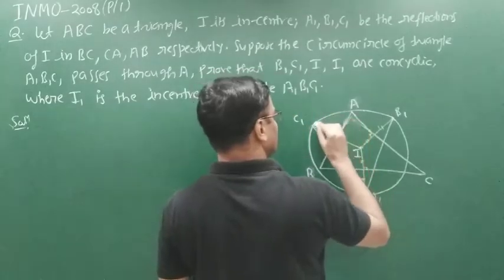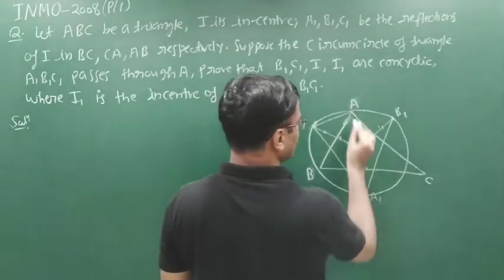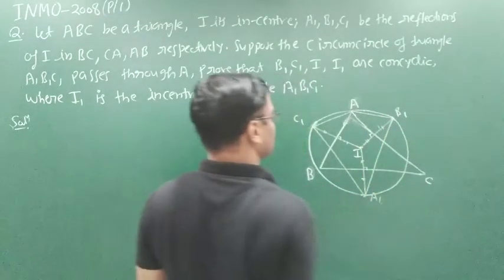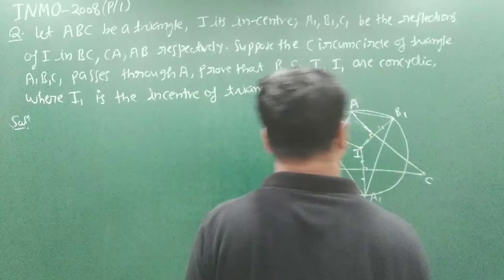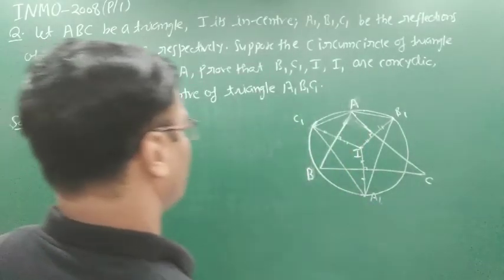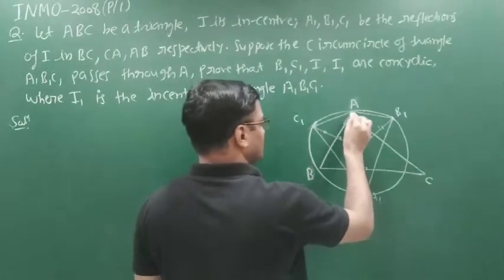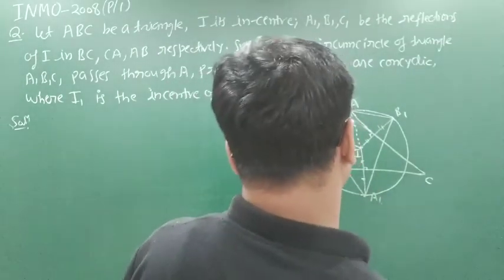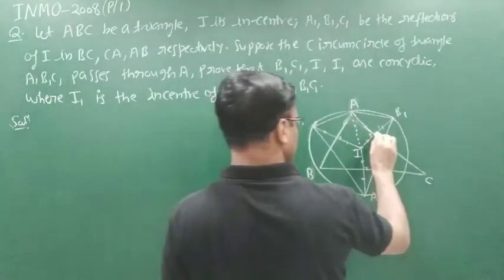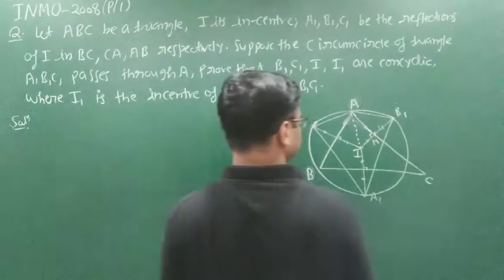Also join AC1 and AB1. Connect AI also. We call this intersection point M.